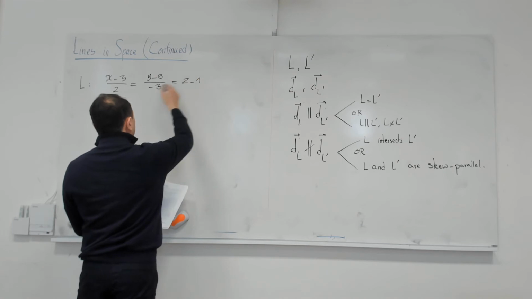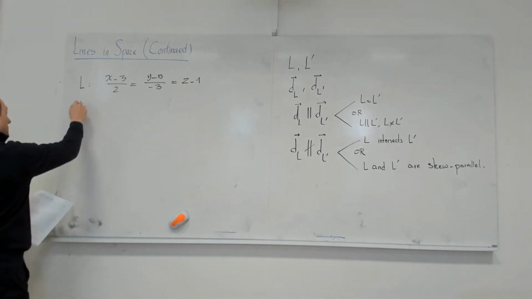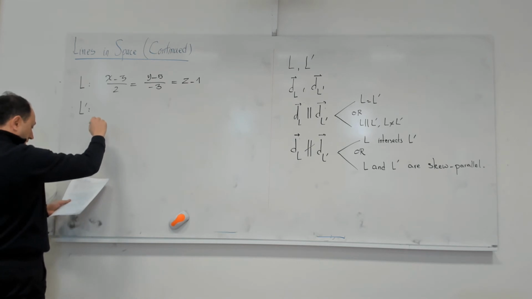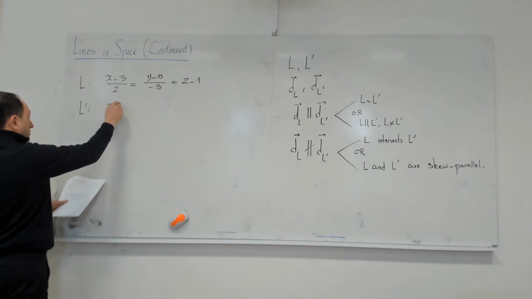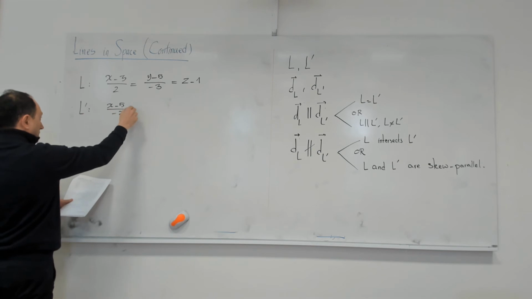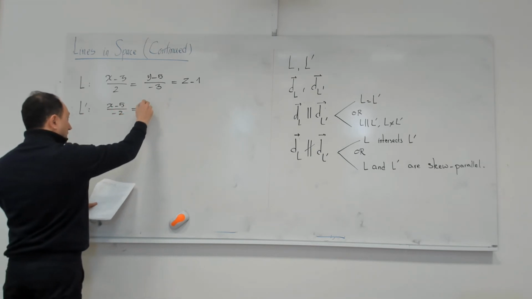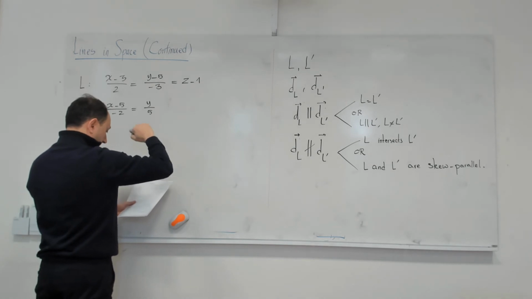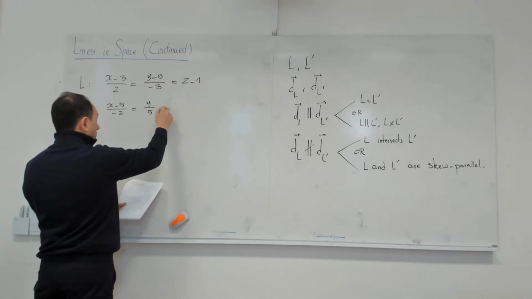Another one, L prime, is (x minus 5) over minus 2, equals y over 5, equals (z plus 2) over 3.